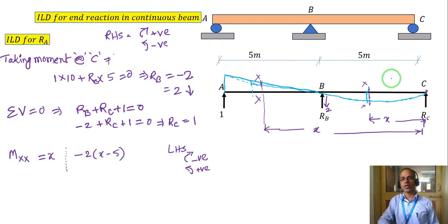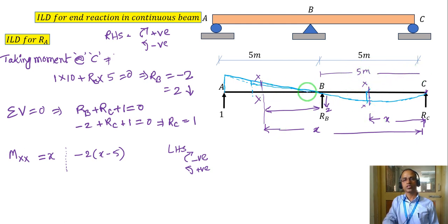So in this section, RC into X is over. For this portion, RB into this distance. This distance is nothing but the total distance X minus 5, because this is a 5 meter. So total minus 5 gives me this, right?